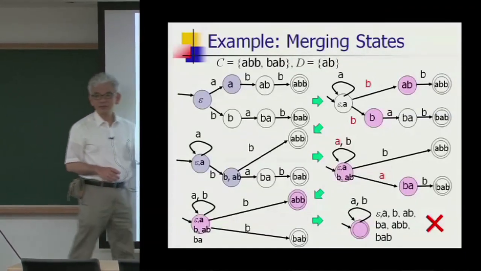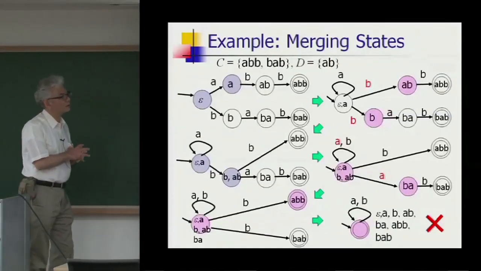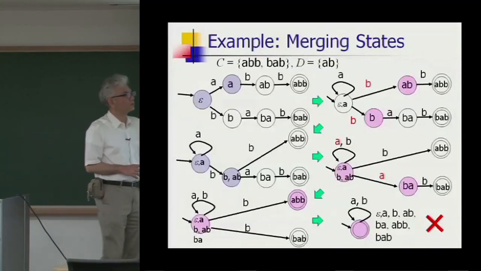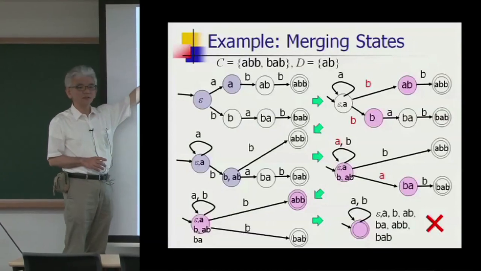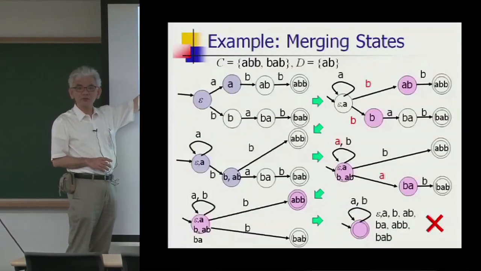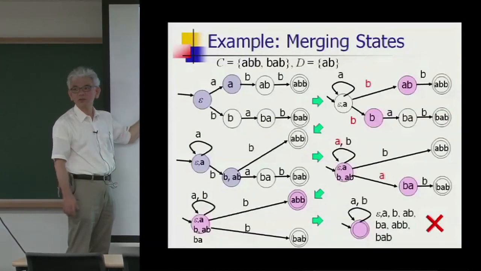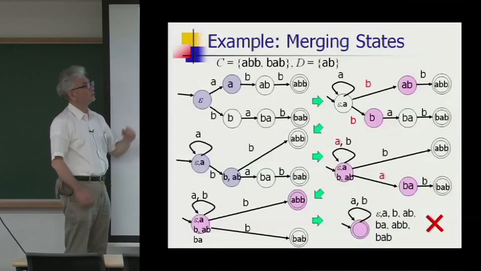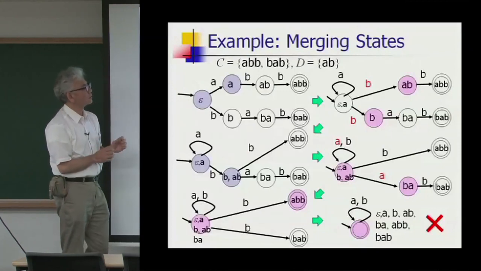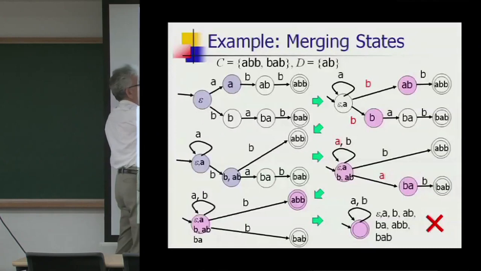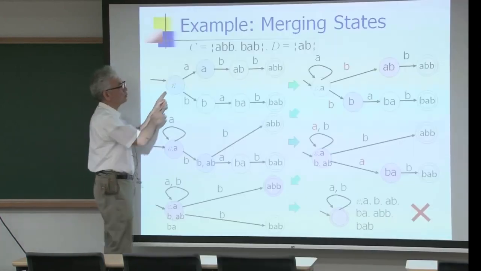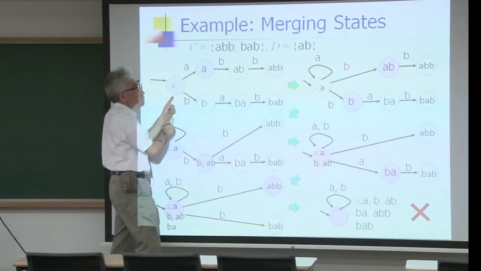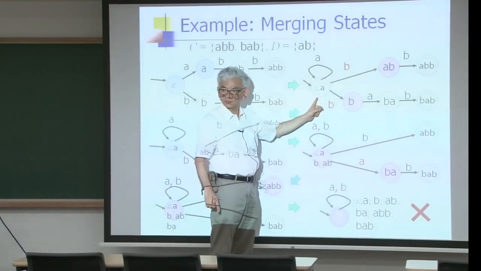And this automaton accepts positive examples only. But this automaton is overfitting to the examples, so we have to generalize it. In order to generalize the automaton, we merge two states into one. If we merge these two states into one, then we get this automaton.